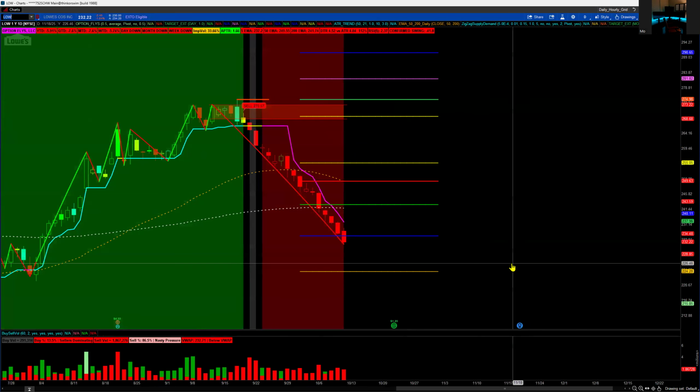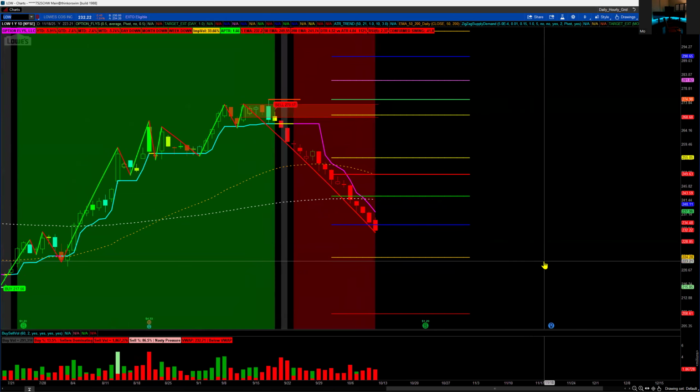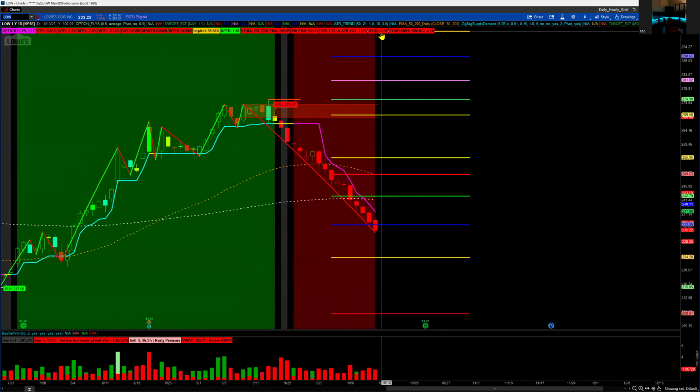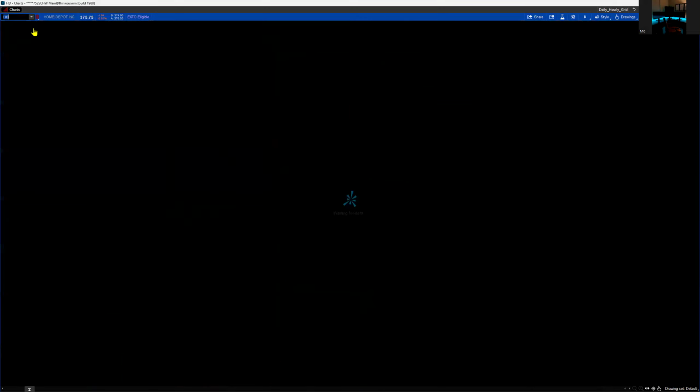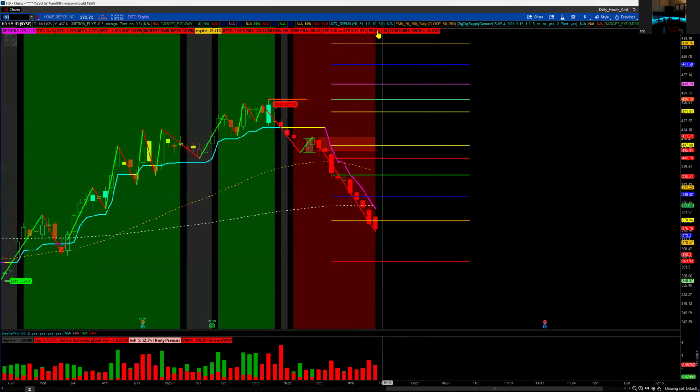Straight lower lows every single day. This has an RSI of 2 right now, 2.37. The same thing with Home Depot right there, RSI 2.83.